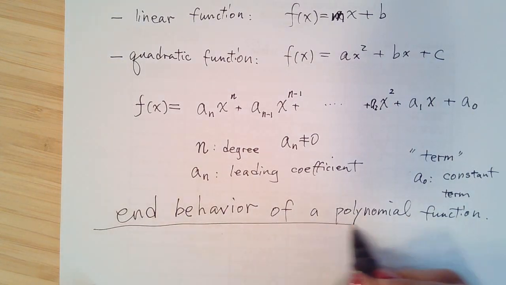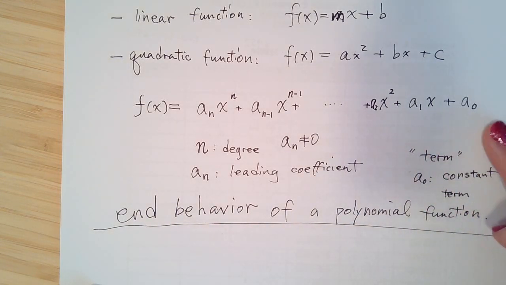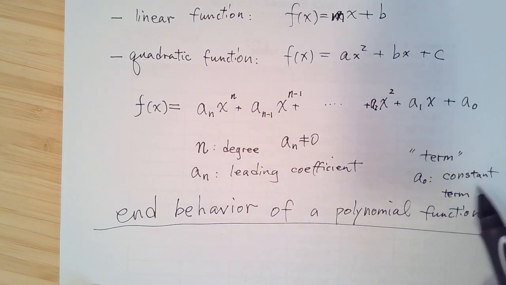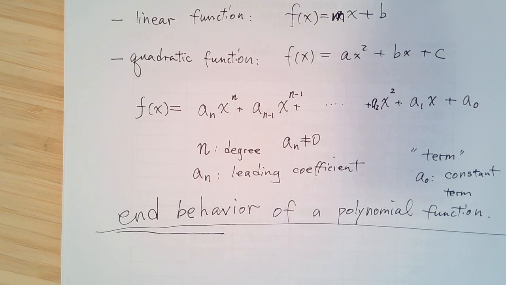For the end behavior of the polynomial function, we don't care about how many terms in total we have. We don't care about the constant term, because when we talk about end behavior, it means when x goes really, really big on the positive side, or really far away to the negative side. So when x goes to positive infinity and negative infinity, what will be the behavior? And then we only care about this n and a n.